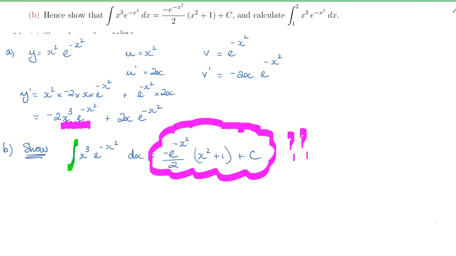Most questions, however, that say hence show mean we take what we found in the previous part.